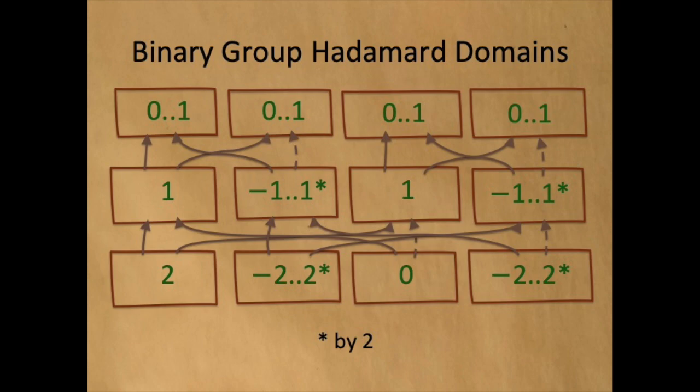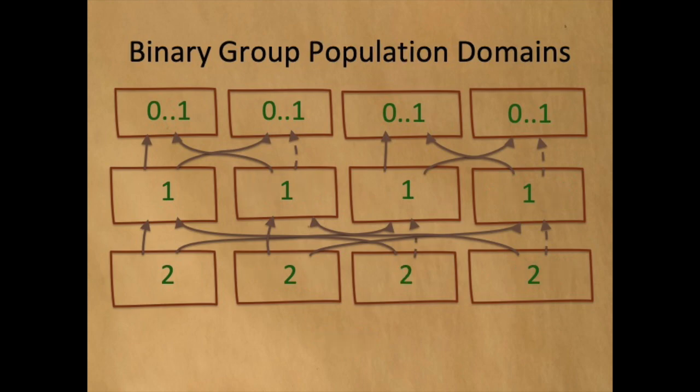Because one of each pair must be 1, we know that every other node must be a 1. And then the row below it, there must be a 2 and a 0 and a 2 and a 0, and so on. The population of the group binary is always 1 in the second tier, and is always 2 in the third tier, and is always 4 in the next tier, and so on.